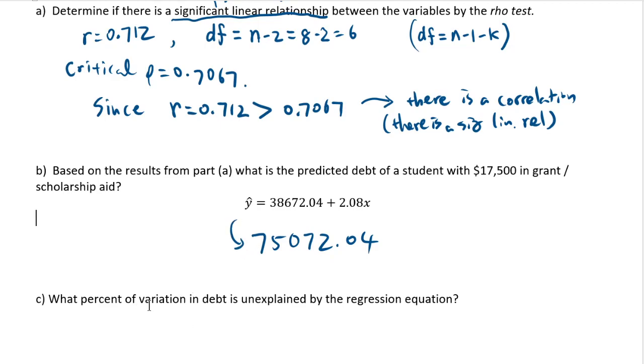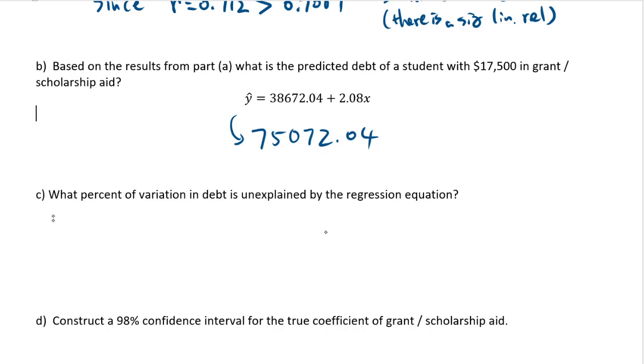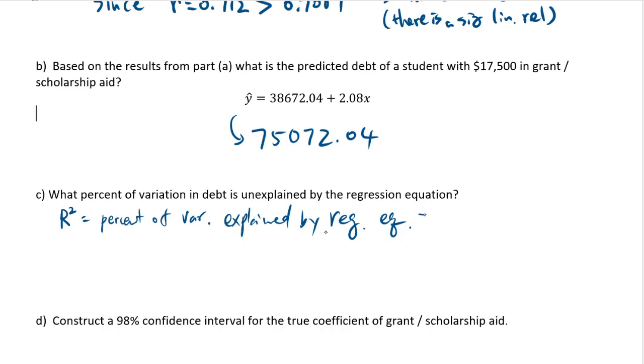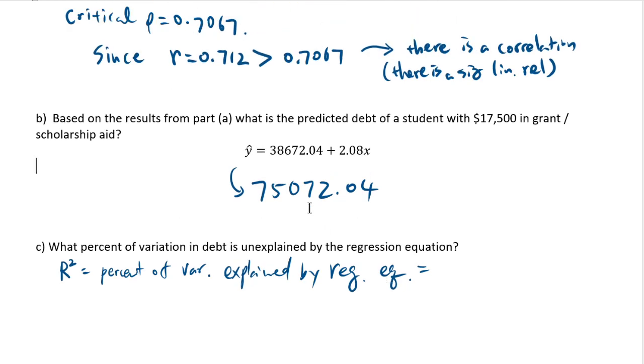Okay, what percent of variation in debt is unexplained by the regression equation? Well, for this question, you have to remember that r squared gives you the percent of variation explained by the regression equation, and therefore we can calculate r squared from r being 0.712, right?